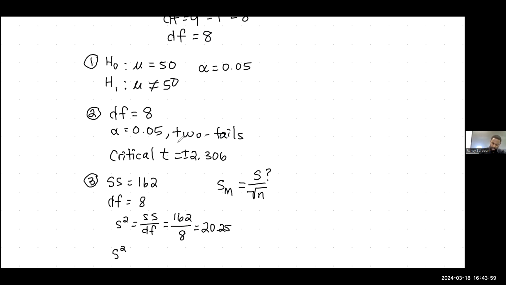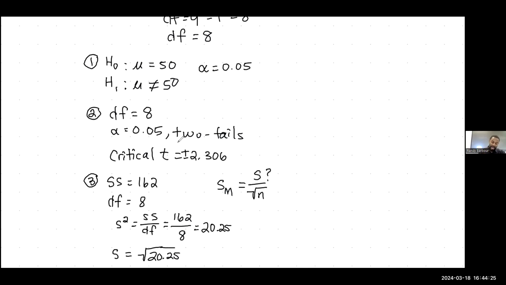Yep, I'm going to take the square root of 20.25. That's how you find your standard deviation. And you should get 4.5. Okay, so you should get 4.5.